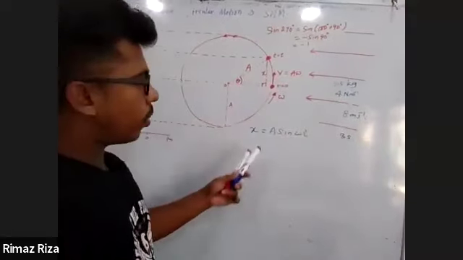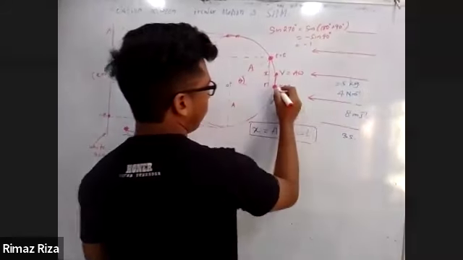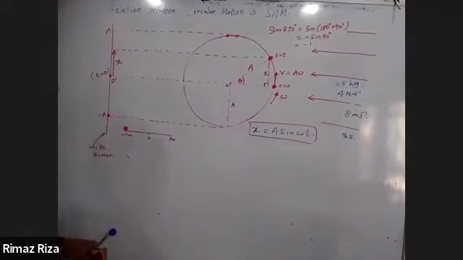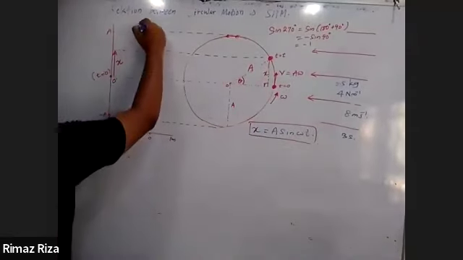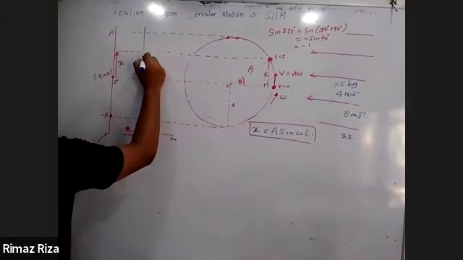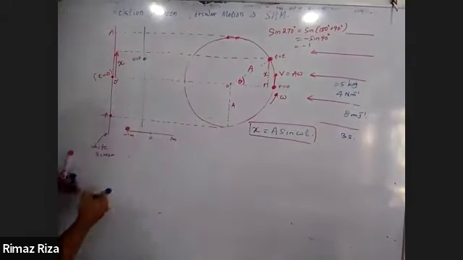So we know the x formula is given by a sine omega t if it is measured from when the particle is at the center. If the particle is somewhere here, let's say when the particle is here we start to measure the time t equals 0.